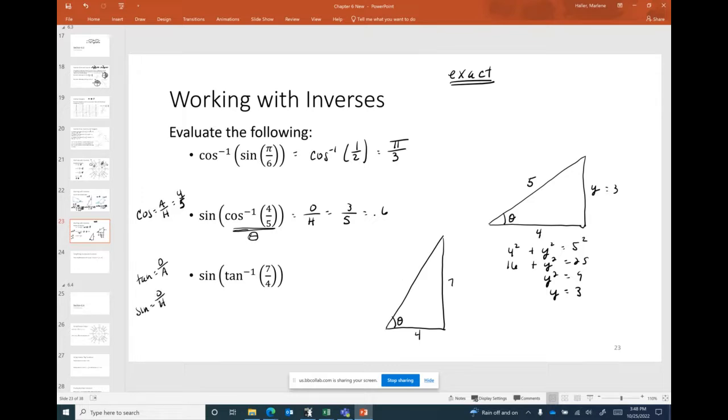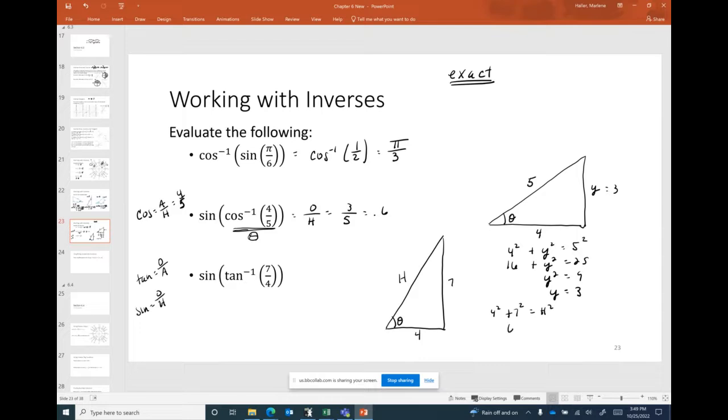I need to find this hypotenuse if I want to find the sine of the angle without having to know what that angle is. Well, Pythagorean theorem again, we'll say 4 squared plus 7 squared is h squared.